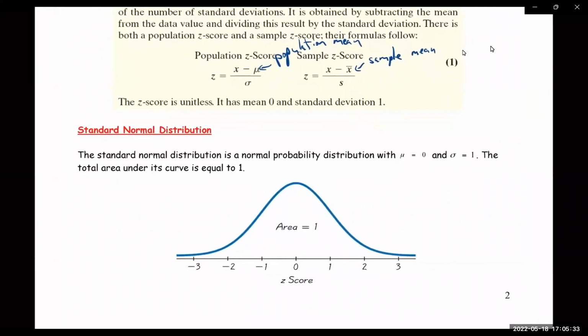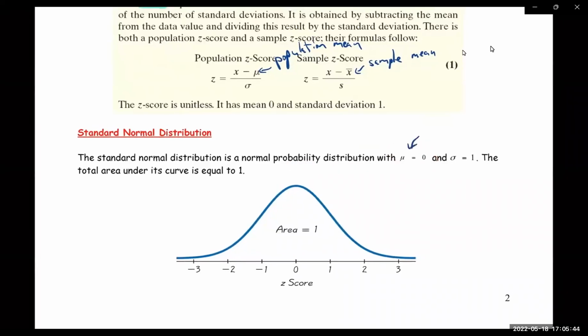All right, so here it is. The standard normal distribution is a bell-shaped curve. It is a normal probability distribution. The mean is 0 and the standard deviation is 1. Whenever the mean is 0 and the standard deviation is equal to 1, they call that a standard normal distribution.